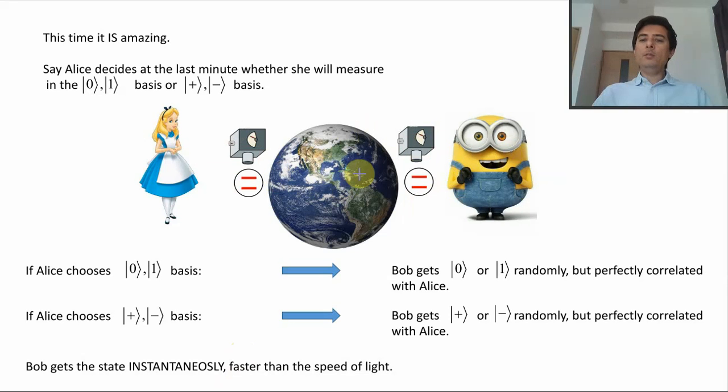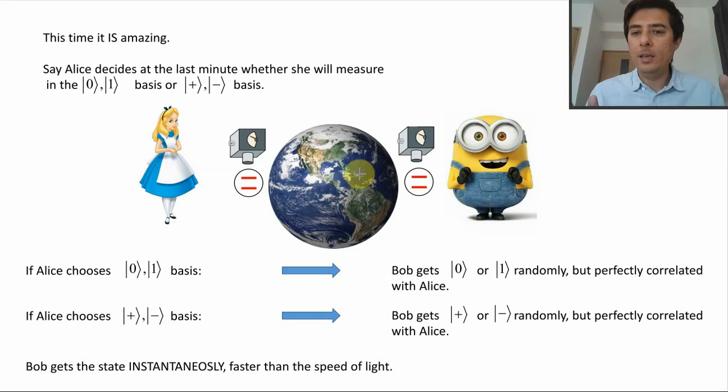So if they're on opposite sides of the Earth, or maybe even opposite sides of the universe, then because nothing can travel faster than the speed of light, there's no way for Alice to communicate which settings she actually chose.